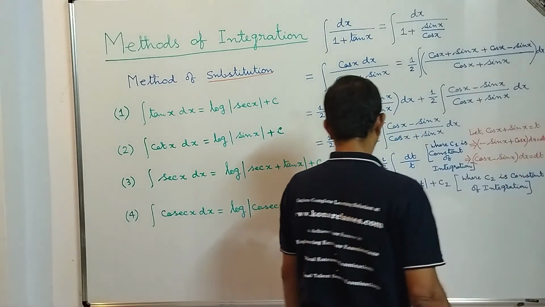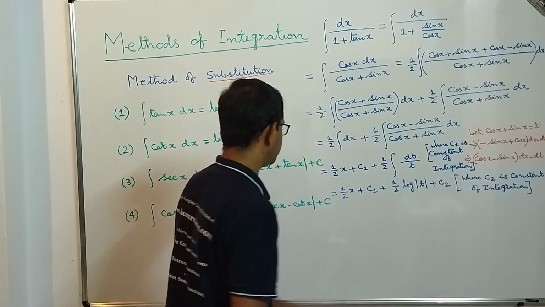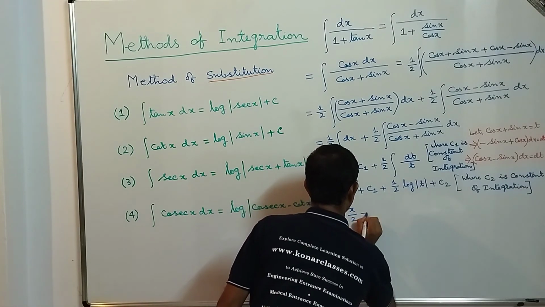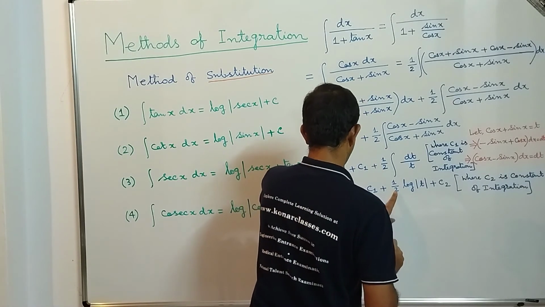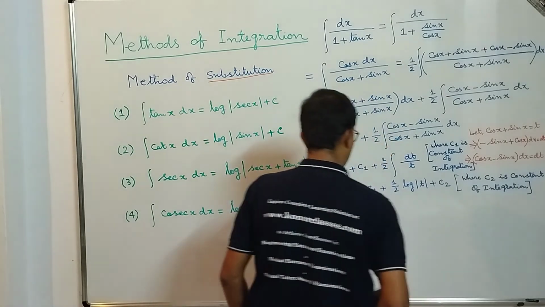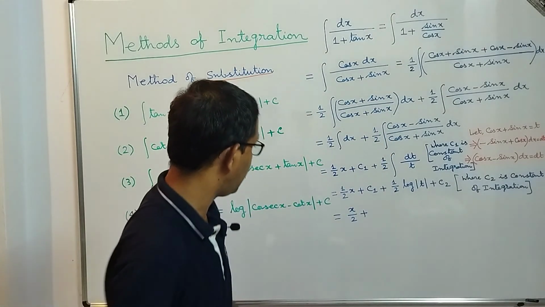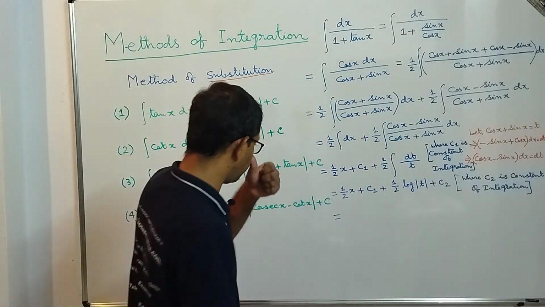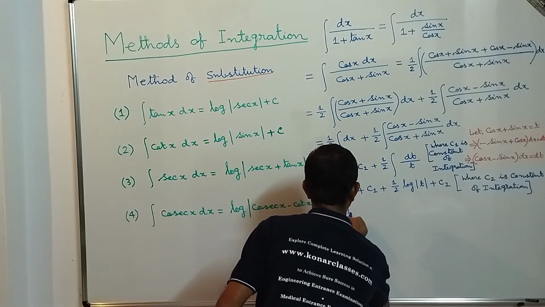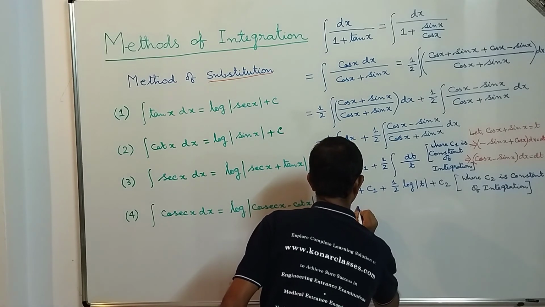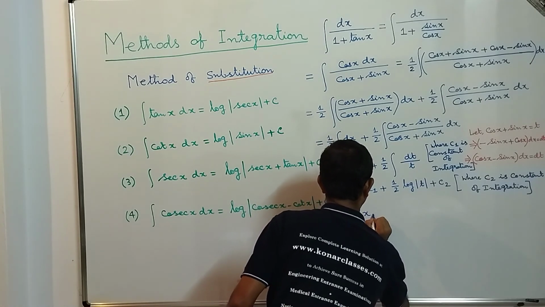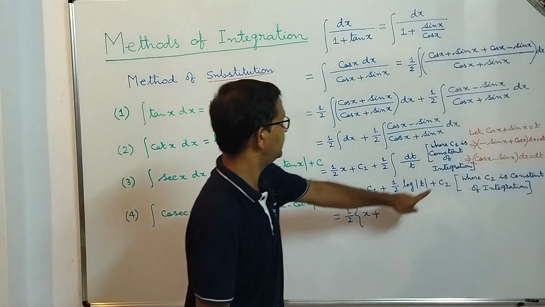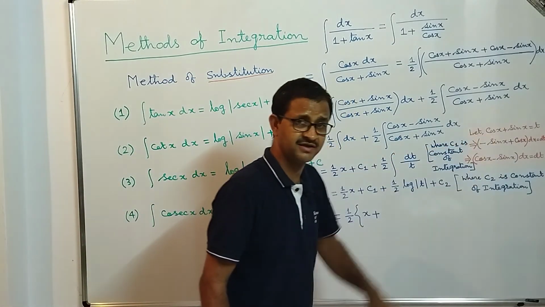Then what we are going to get? x by 2 plus 1 by 2 log of mod t, or we can take half common. So 1 by 2 into x plus log of mod t. What is the value of t? t is equal to cos x plus sin x.